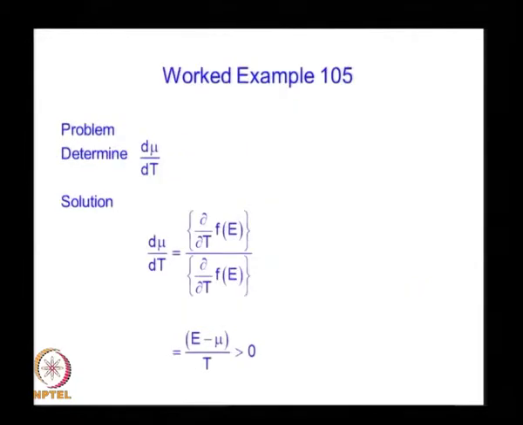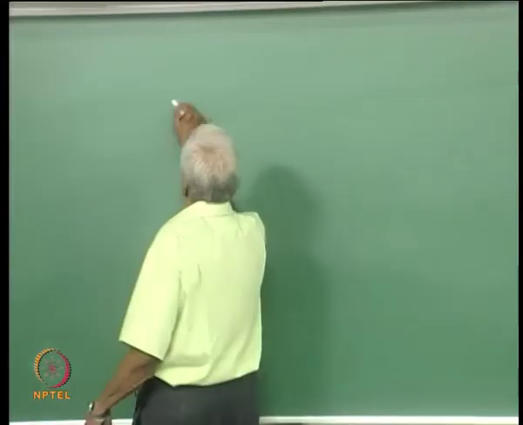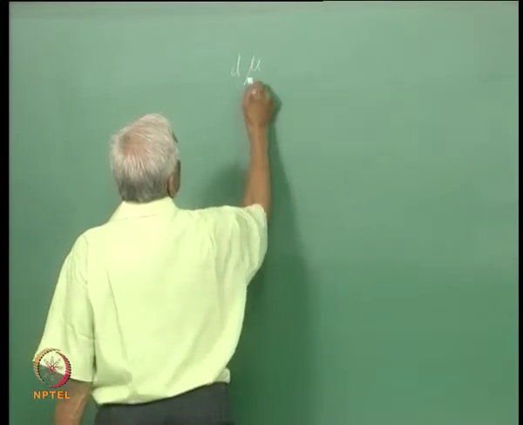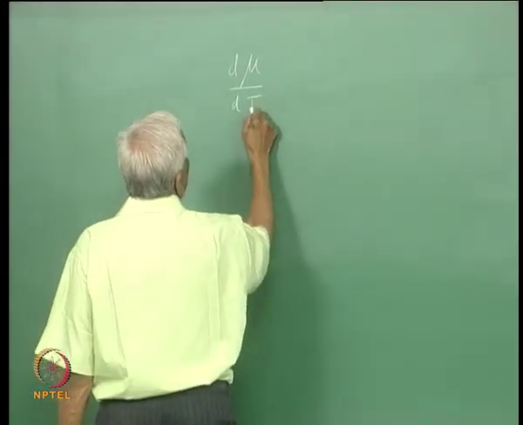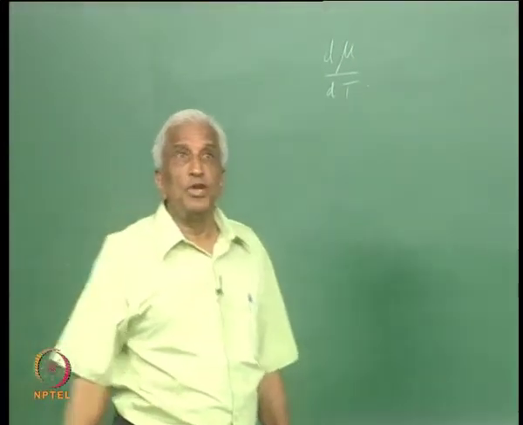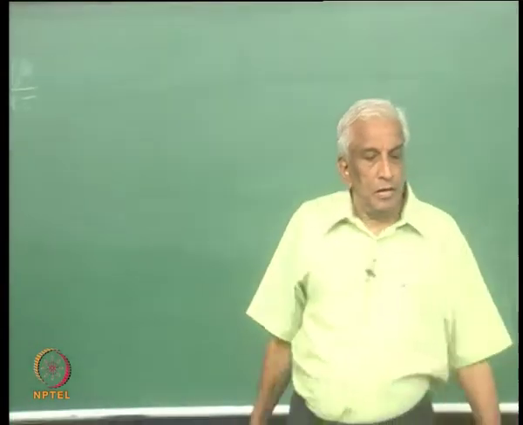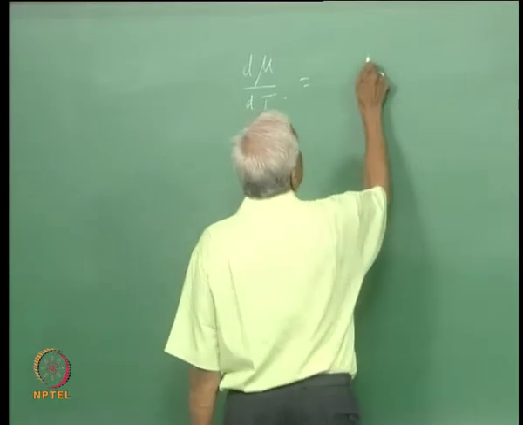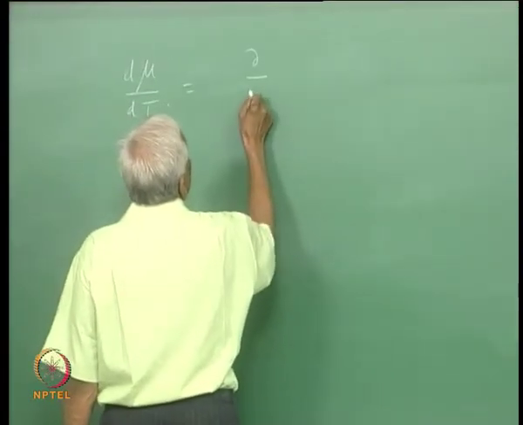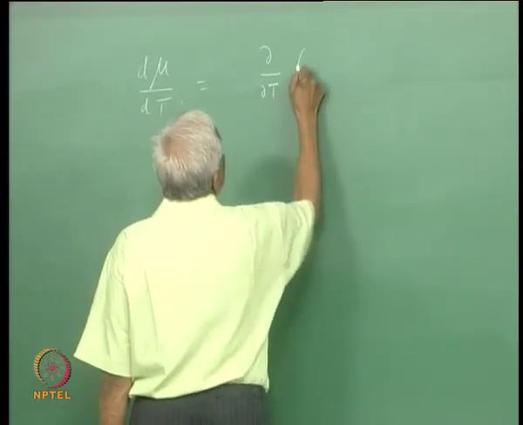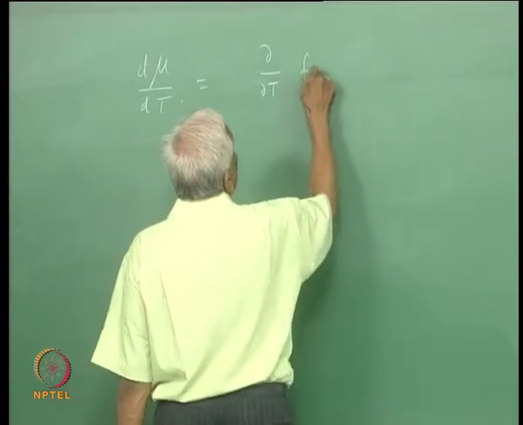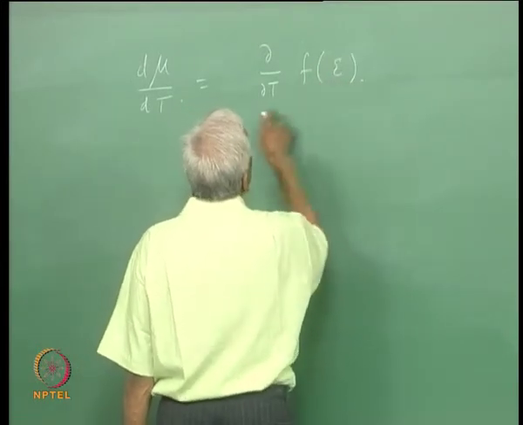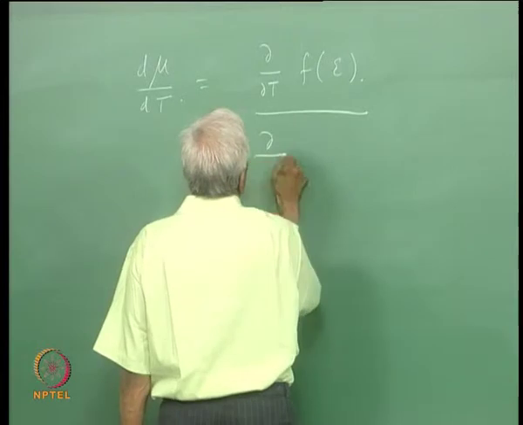Next, we are asked to determine the temperature dependence of the chemical potential. In other words, the derivative with respect to temperature of mu. In order to do this, we note that we can write this as dou by dou T of f of E divided by.